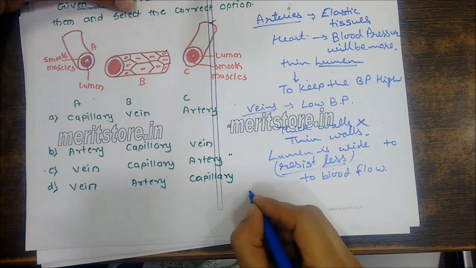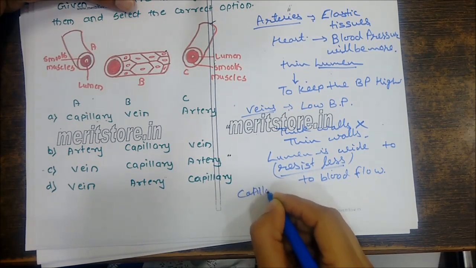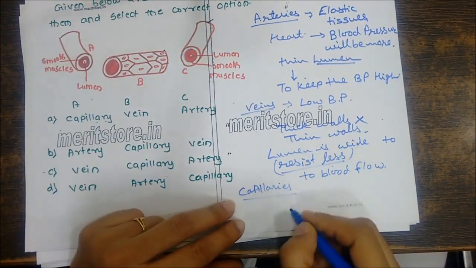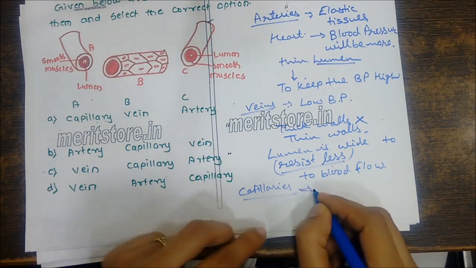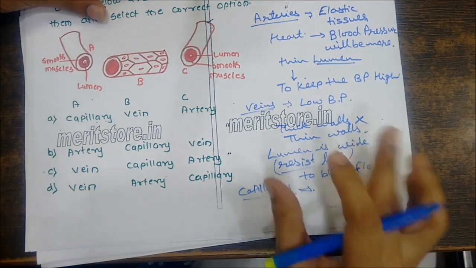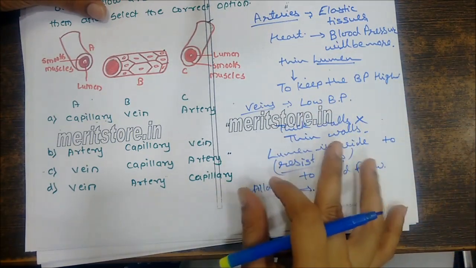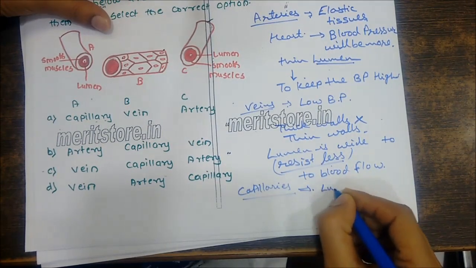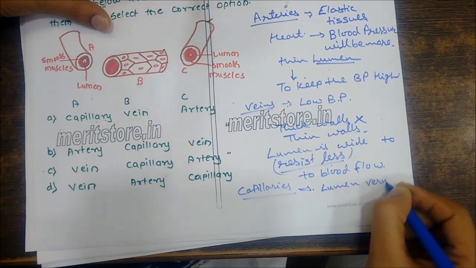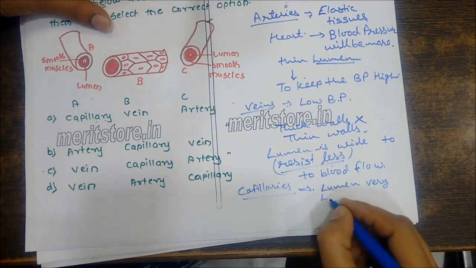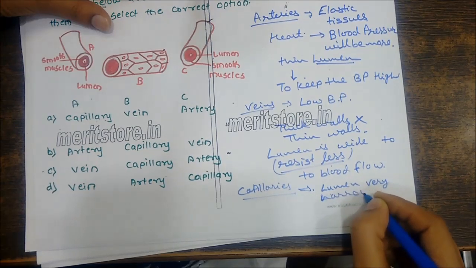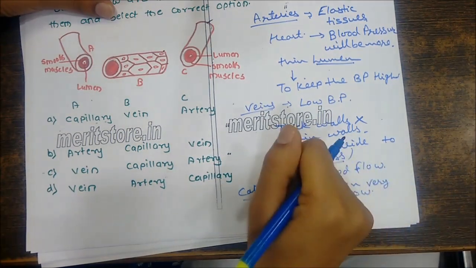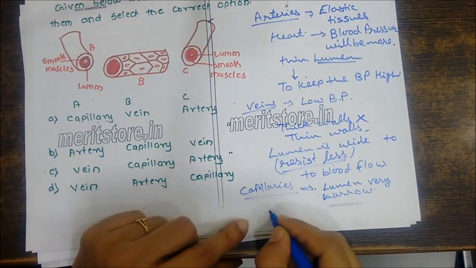Now the capillaries. The capillaries will have almost low blood pressure because the blood pressure is distributed, so the lumen is very narrow for diffusion of blood and other nutrients between the capillary and surroundings.